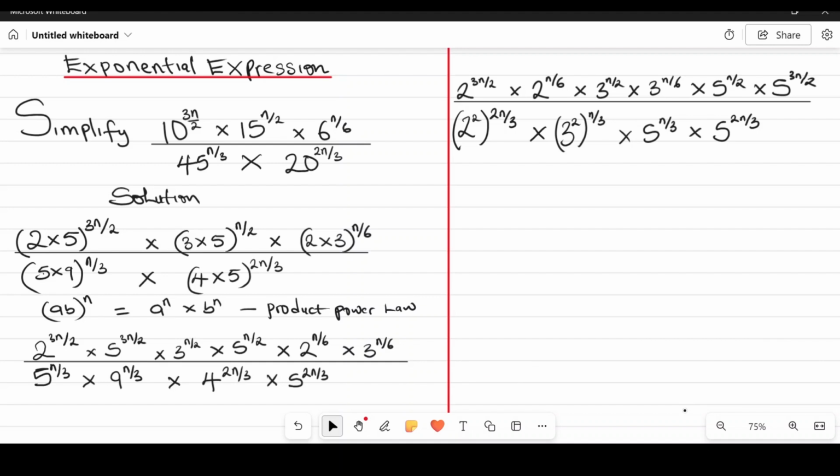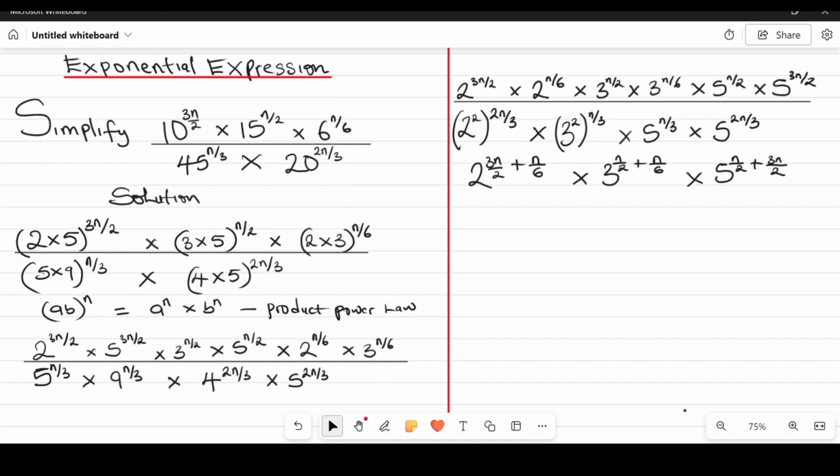Applying the multiplication law of indices, I arrive at 2 raised to the power of 3n divided by 2 plus n divided by 6, times 3 raised to the power of n divided by 2 plus n divided by 6, times 5 raised to the power of n divided by 2 plus 3n divided by 2. The same will be applied to the denominator.